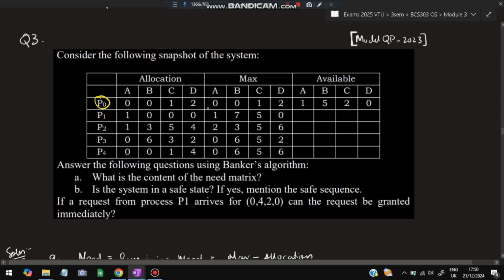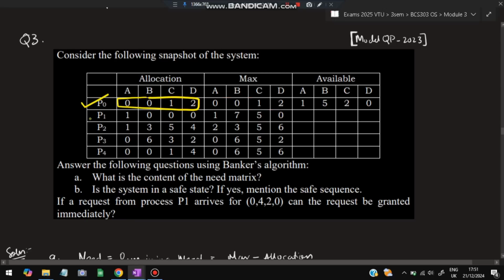In the first case, 0A, 0B, 1C, and 2D is what P0 already has, and to execute, it requires a total of 0A, 0B, 1C, and 2D. It requires this many resources to get executed. Does it already have this many resources? Yes, so it will execute easily.